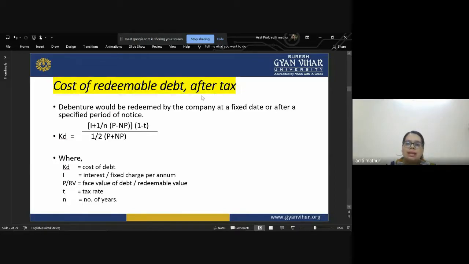And to give the tax effect, we have to simply multiply it with 1 minus T.